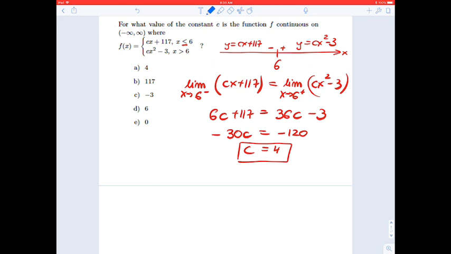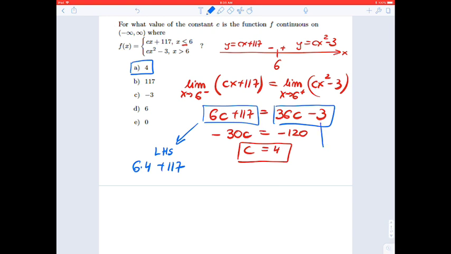I can select the answer, that means this is definitely the correct answer. If c is 4, I can actually compute this limit. The left hand side limit will be 6 times 4 plus 117, and the right hand side limit will be 36 times 4 minus 3.